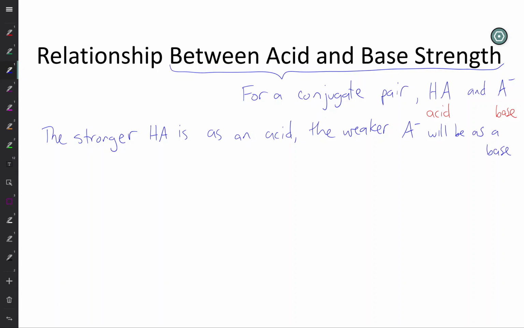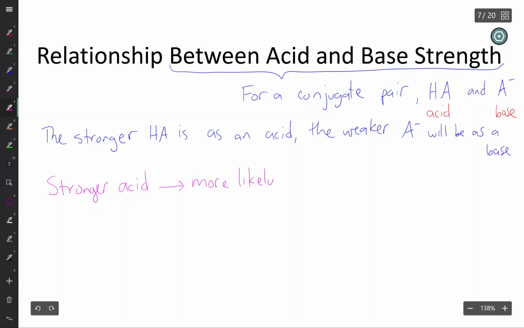So the logic is this. A stronger acid means it's more likely to give away H+. If it's more likely to give away H+, it's less likely to take it back.